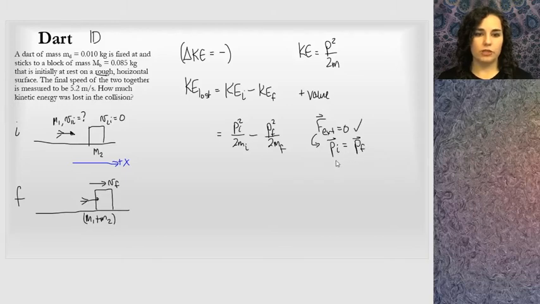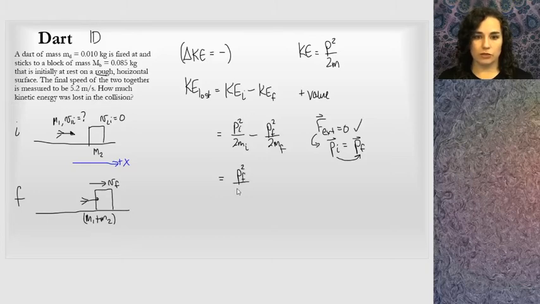If you're keeping track of the algebra, I just solved this problem. If I don't know the initial velocity, how do I find the initial momentum? Well, I'm going to use this identity: the initial momentum is the final momentum.